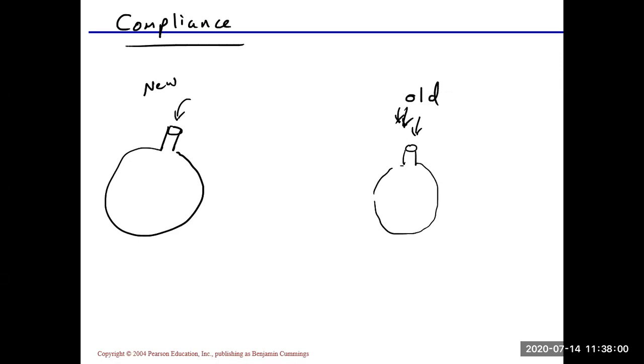You're having difficulty blowing it. So this is low lung compliance, and the other is high lung compliance. High lung compliance means healthier lungs, and low lung compliance means lungs that are not expanding well. Another physical property that is important is called elasticity.